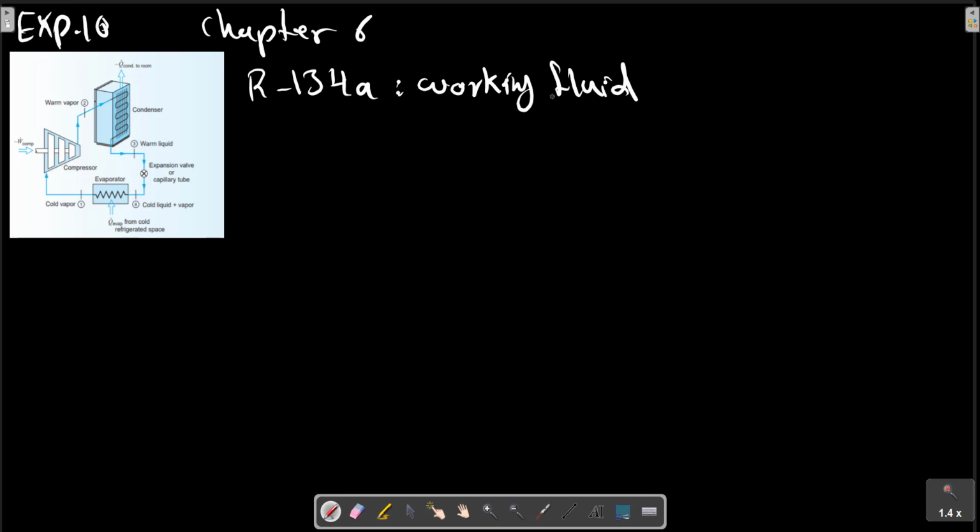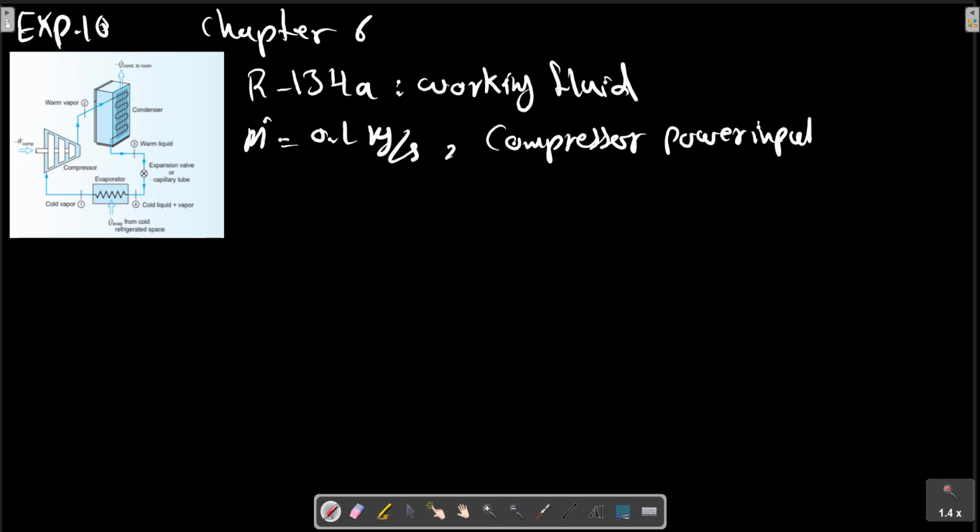The mass flow rate through each component is 110 kg/s, and the power input to the compressor is 5 kilowatt. The following state data are known using the state notation of the picture.